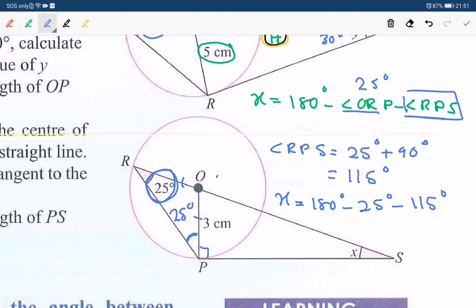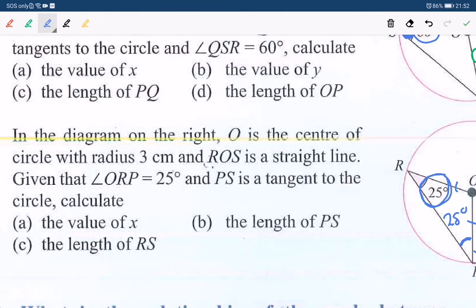And we got the value of x equal to 40. Okay, done. Question 2A.